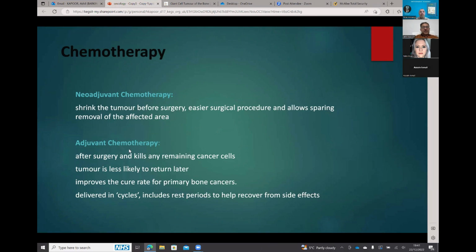Adjuvant chemotherapy, on the other hand, is done after surgery and kills any micrometastasis or any neighboring remaining cancer cells, and that reduces the risk of it recurring. It improves the cure rate for primary bone cancers and is delivered in cycles.